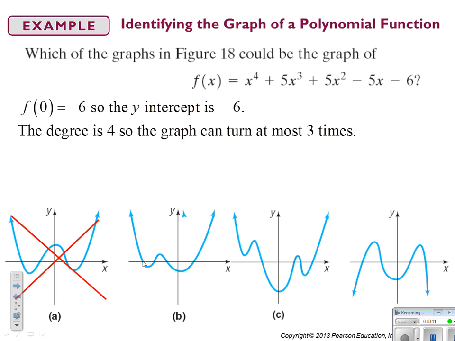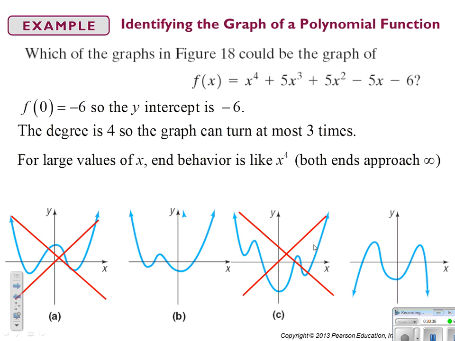So let's look. 1, 2, 3, 4. 1, 2, 3. Definitely can't be that one. We already excluded that one, so it has to be B, because it does turn 1, 2, 3 times.